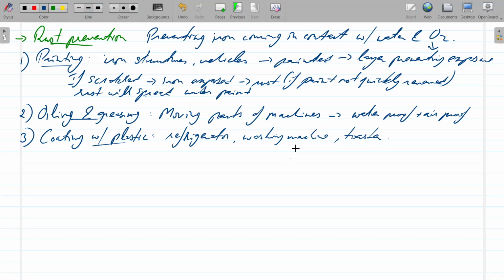That plastic coating works because plastic does not react with air or water. Does that include plastic containers as well? Do plastic containers have iron inside them? The plastic will not react with iron or water, but it won't be an example for this scenario.